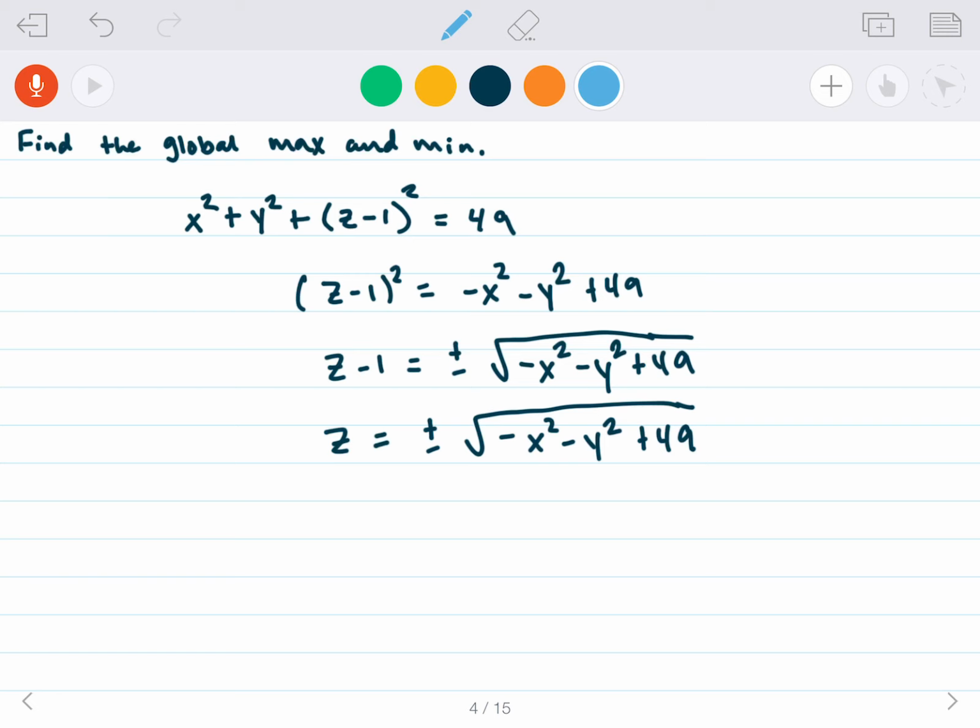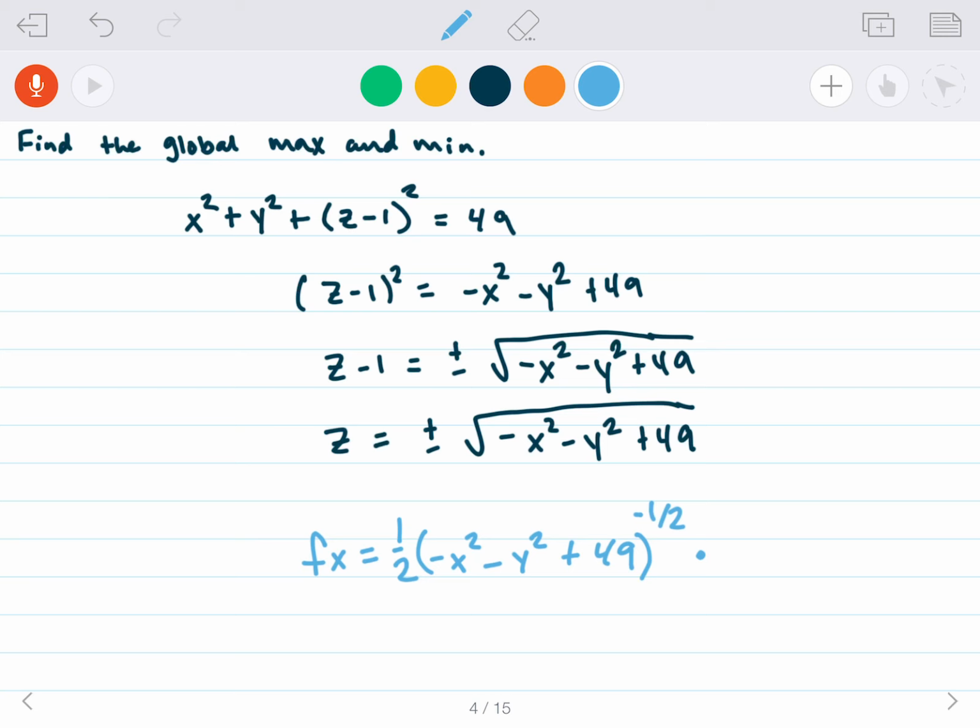And the way that we did that, remember what we did? We said, okay, well, we take the derivative with respect to x first. And so if I take the derivative of this guy with respect to x, if I write this radical as a power of 1/2, I get 1/2 to the negative 1/2 times the derivative of the inside.